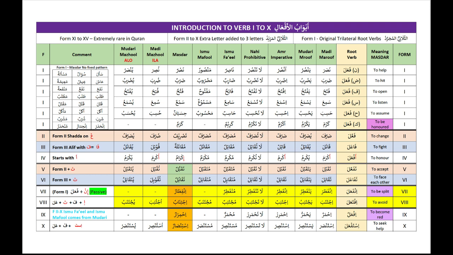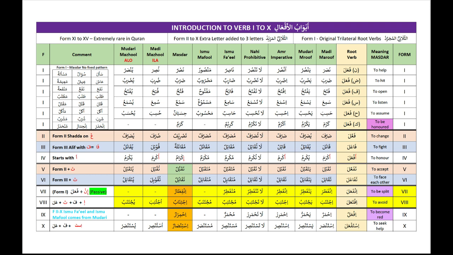Just for you to know that you may need to practice other verbs from different forms, like form 1, form 2, form 3, and so on. So take one of each of these new verbs and run through this chart which I have just shown you. The more practice you do with the new verbs, making a chart yourself in your notebook and creating boxes for each verb you are writing down.